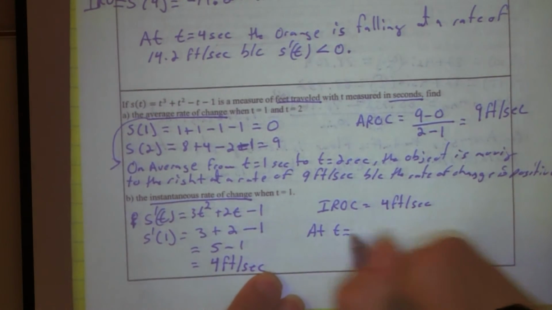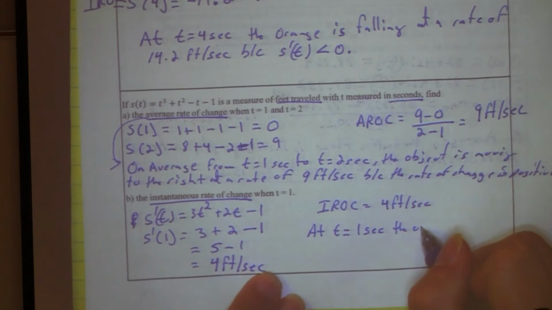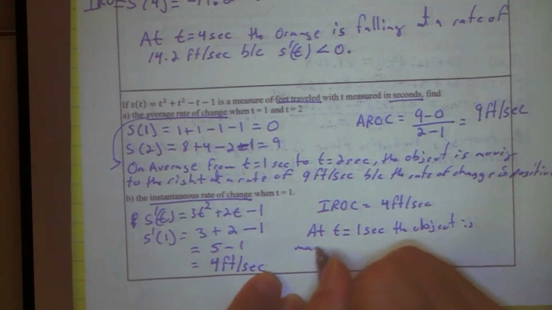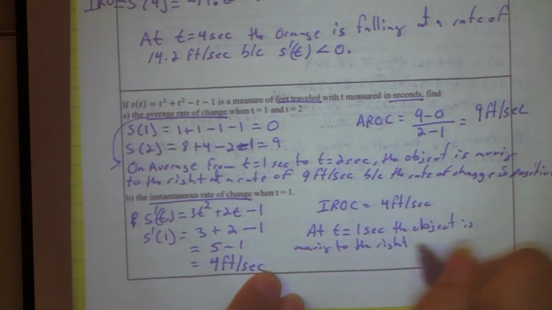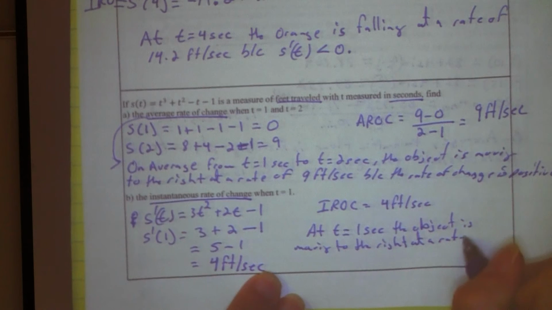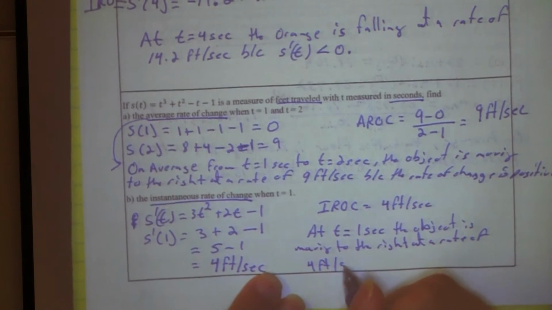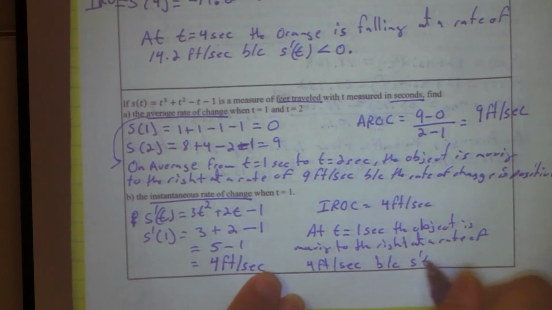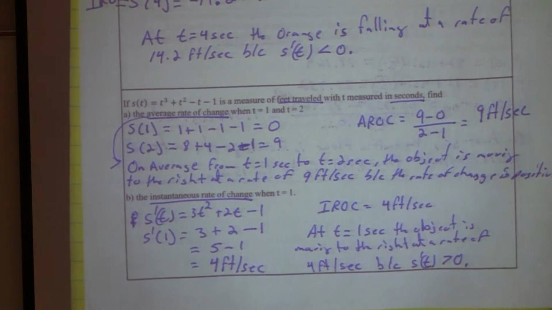At t equals 1 second, the object is moving to the right at a rate of 4 feet per second, because S prime of t is greater than 0.